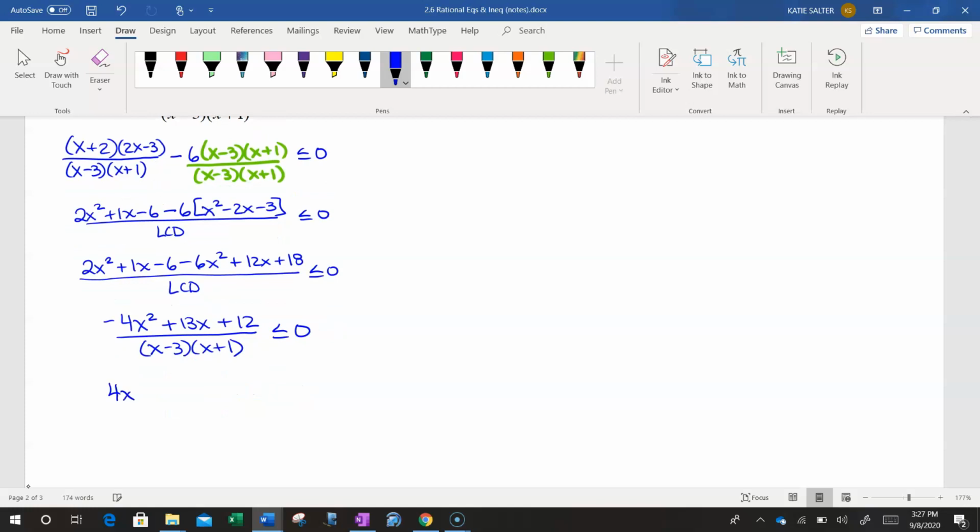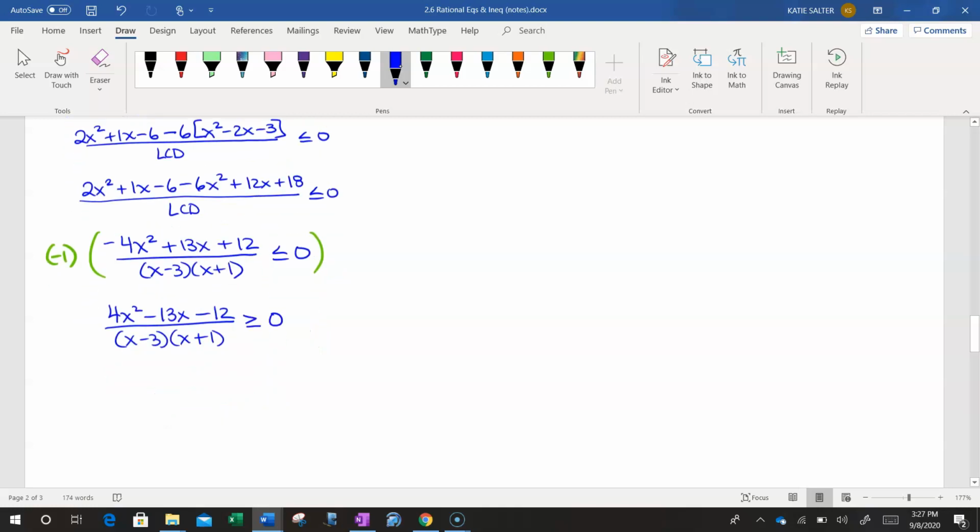So it's going to make that positive 4x squared minus 13x minus 12. My denominator will not change. It'll stay just like it is, over x minus 3 times x plus 1. But because I'm multiplying this whole thing by a negative 1, remember, when you do that with an inequality, it also switches the inequality symbol. So it's going to make this greater than or equal to 0. And then that's going to make that numerator a whole lot easier to factor.